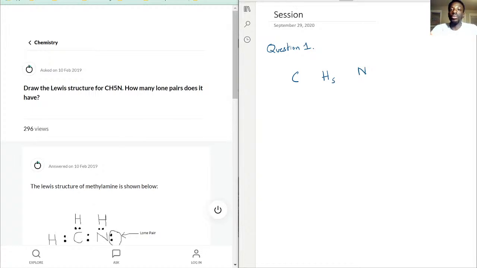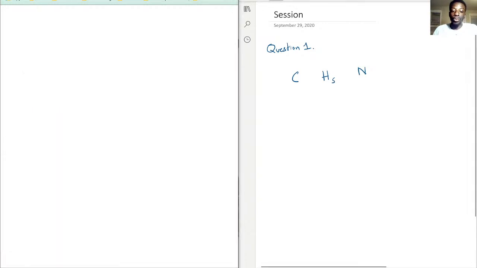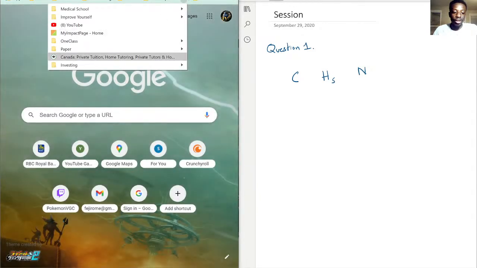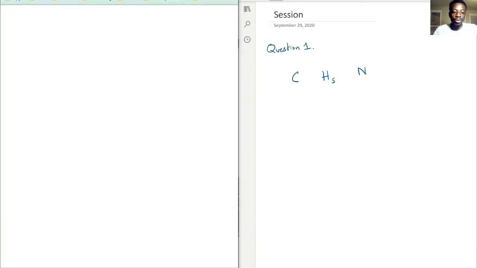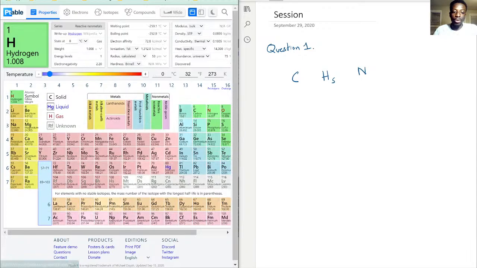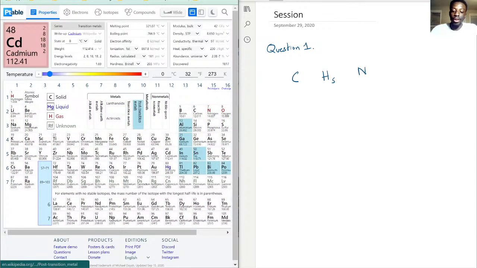The way these Lewis structures usually work is that we want to organize it in a way where everything is fulfilled, but we find that out actually. So we definitely need help from our trusty periodic table. Carbon has 4 valence electrons, so we're just going to list it down here.